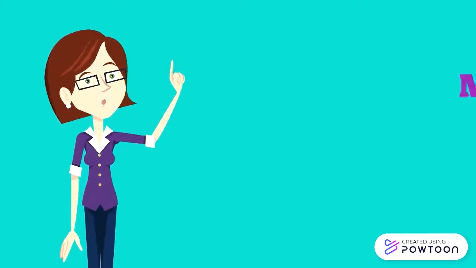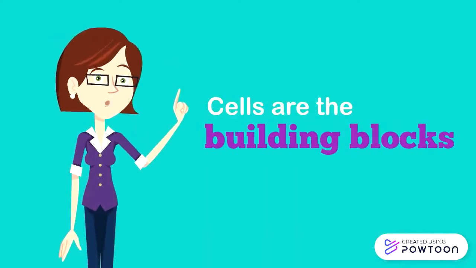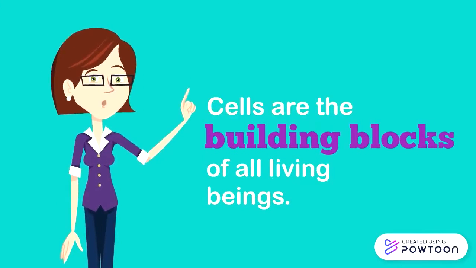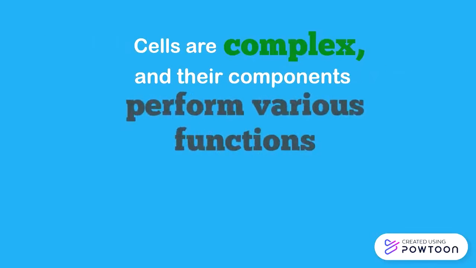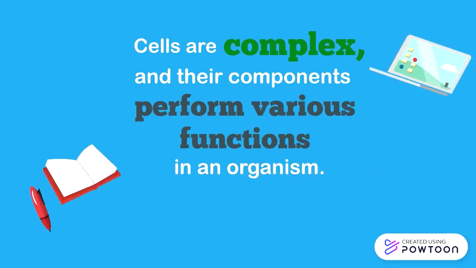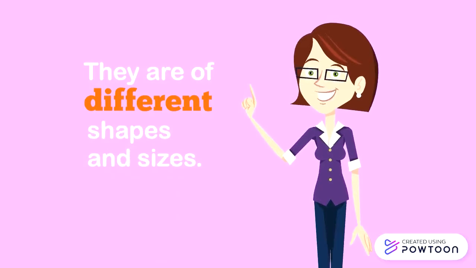For your information, mycoplasma are the smallest known cells. Cells are the building blocks of all living beings. Cells are complex and their components perform various functions in an organism. They are of different shapes and sizes.